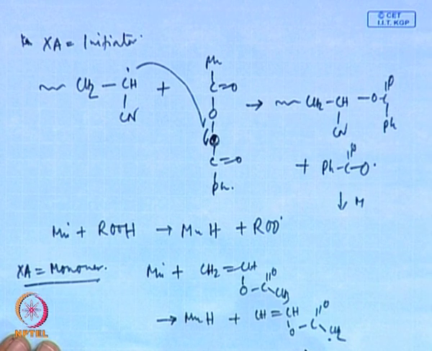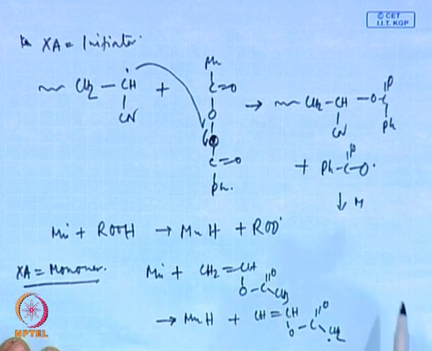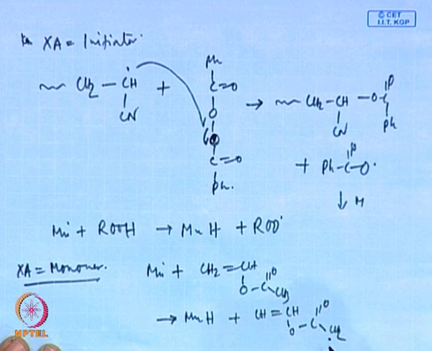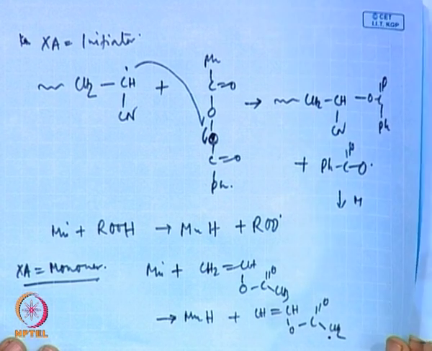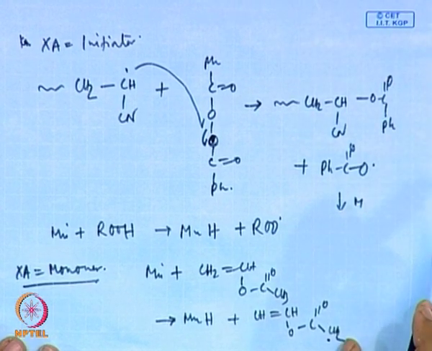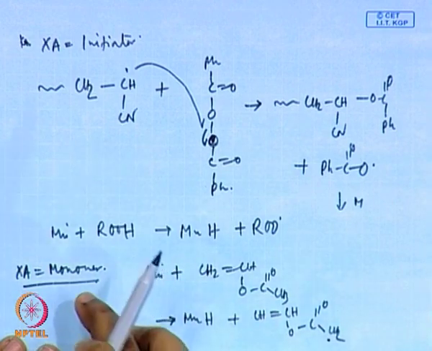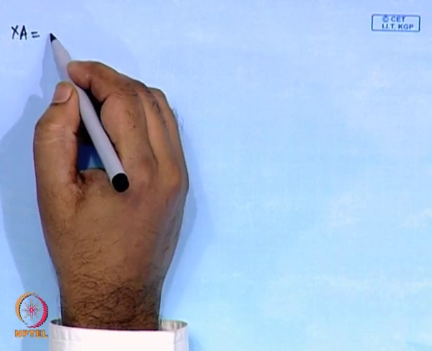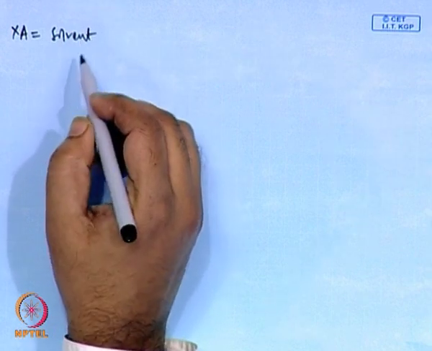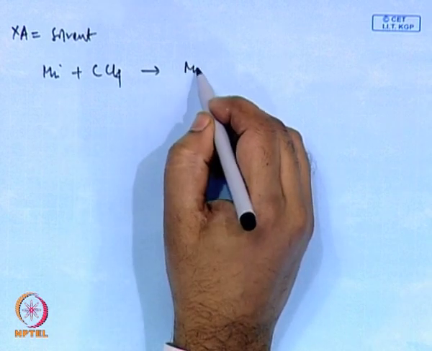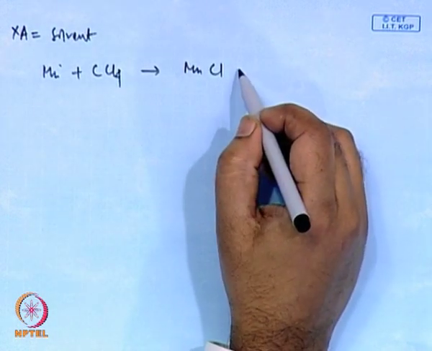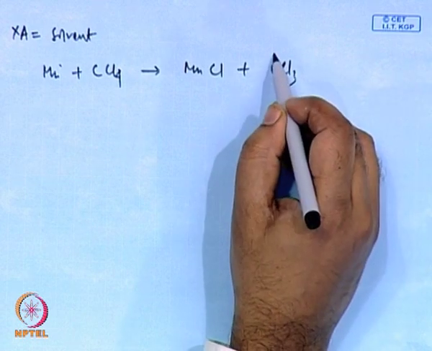This is not methyl methacrylate. So, this is an example where you are getting a chain transfer by the monomer itself. Examples where XA is solvent. See, if I take carbon tetrachloride, then it can take up a chlorine and form CCl3 dot.